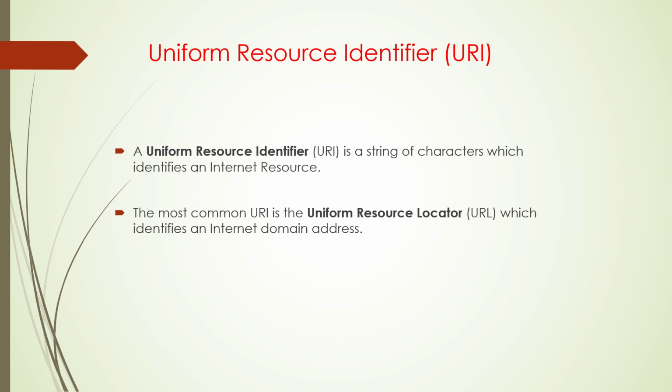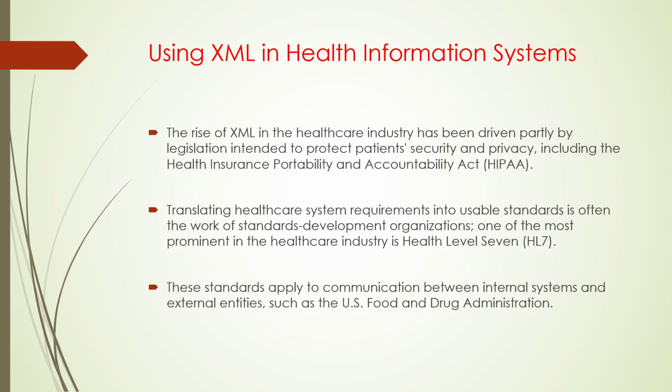A uniform resource identifier could be used to identify that particular text file, whereas a website could be identified using a URL. Okay, so XML has been pretty popular in implementing healthcare systems. A lot of interoperability standards and communication between EHR systems happens because of XML.